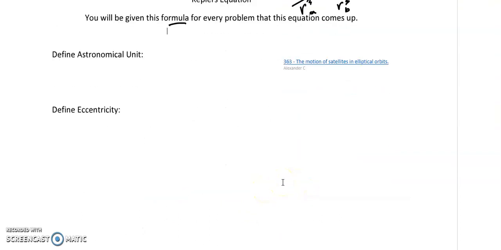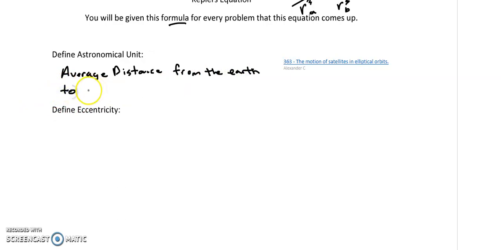So a couple of definitions for you. The first one is the astronomical unit. An astronomical unit is the average distance from the Earth to the sun.